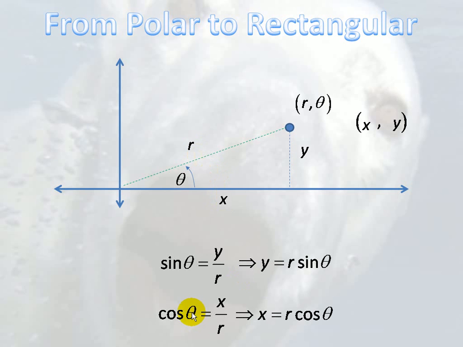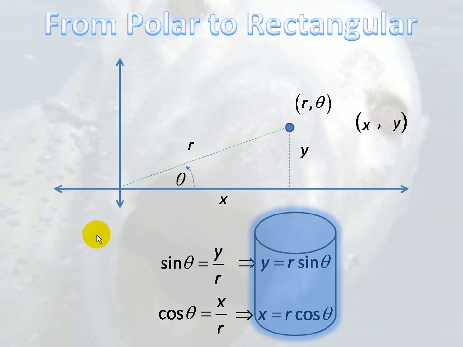Solving for x, you get x is equal to r cosine theta. Now we have a relationship. If we know r and theta, we can find x and y. If we know the polar coordinates, we can find the rectangular. So in fact, the rectangular coordinates are r cosine theta, r sine theta.